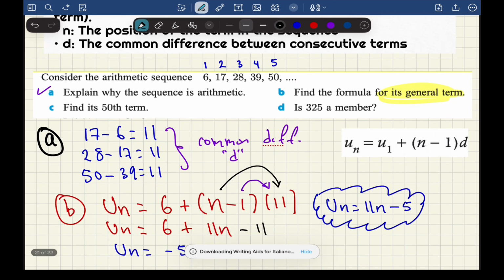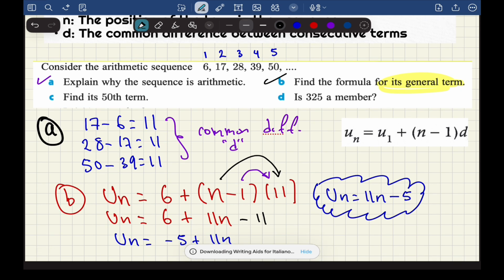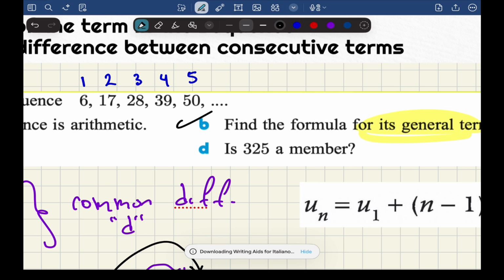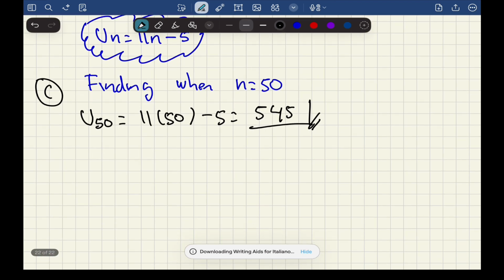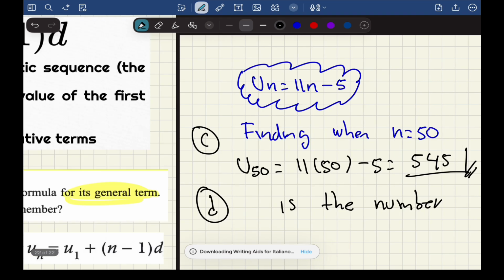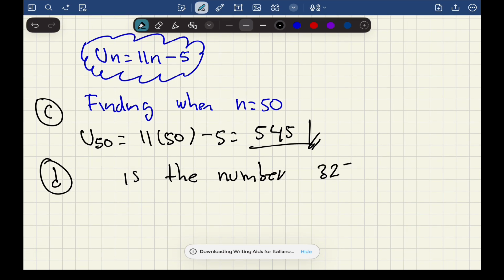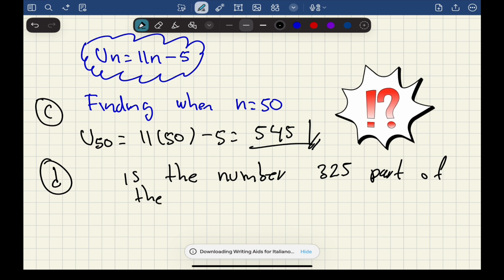Then what about D? This is a good one. Is the number 325 a member, or a part of the sequence? This is a little bit tricky. This is the question.